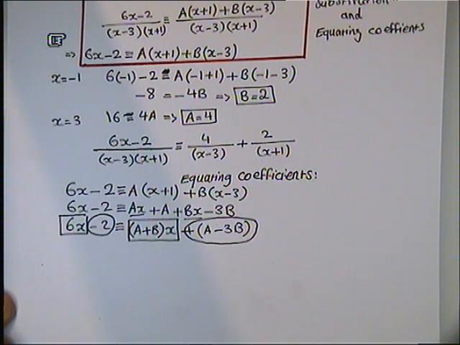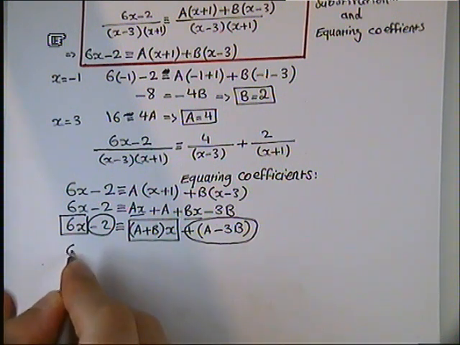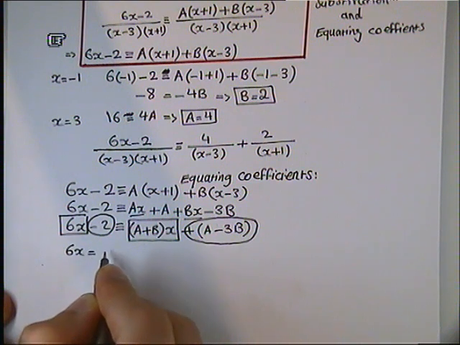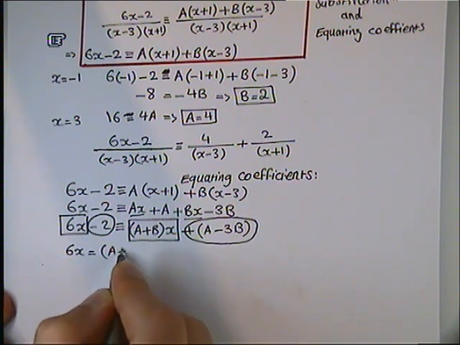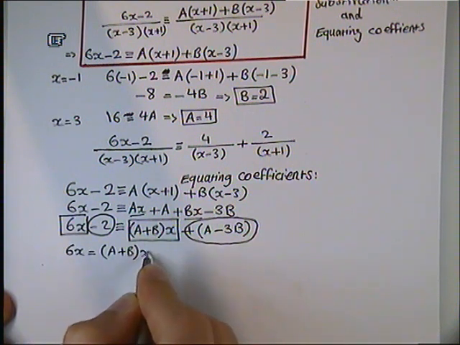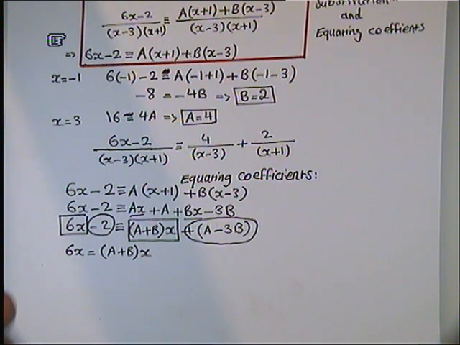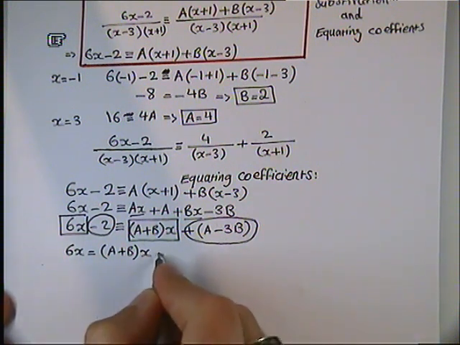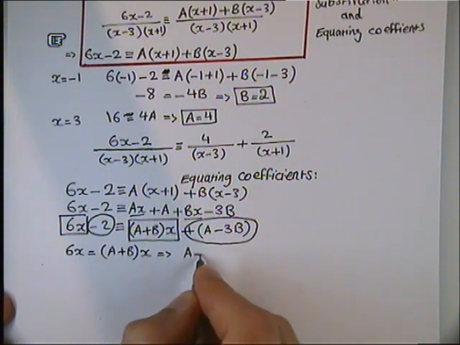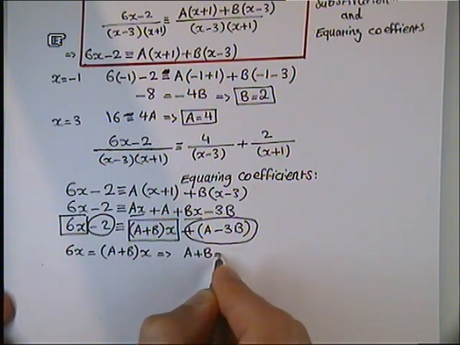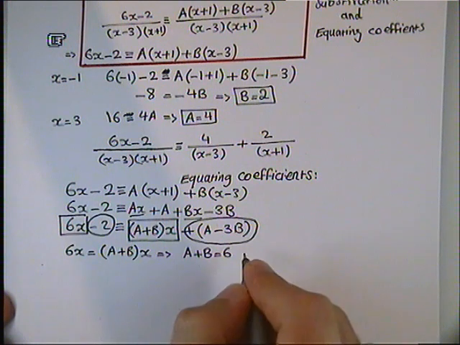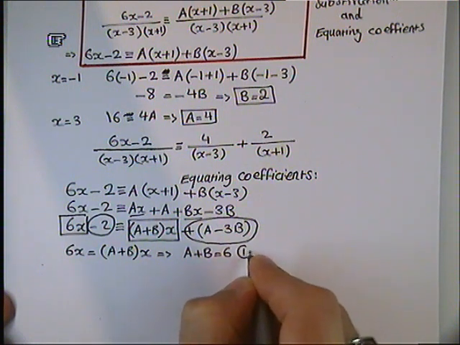Okay. 6x is equal to (a plus b) times x. We can cancel x from both sides. We get a plus b is equal to 6. Let's call this one equation 1.